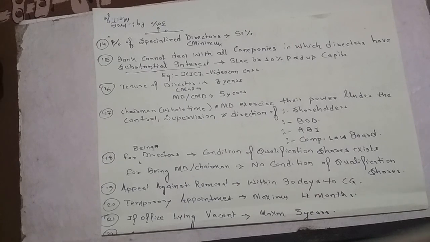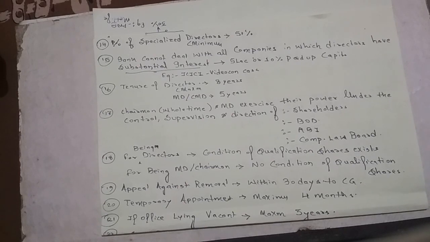The chairman, whole-time director, and the MD exercise their powers under the control, supervision, and directions of four bodies: shareholders, board of directors, Reserve Bank of India, and the Company Law Board. They have to follow the directions of all of these. For being a director, the condition of qualification shares exists, and for being an MD and chairman, no condition of qualification shares exists.